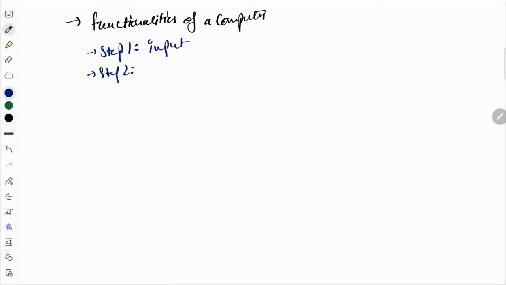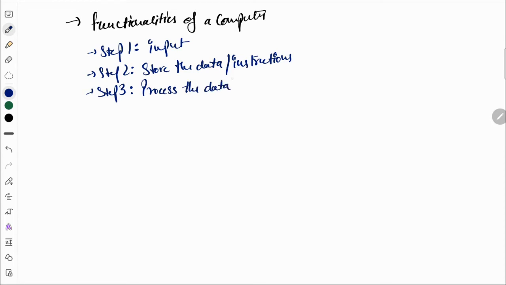Step 2, store the data or instructions. Step 3, process the data and convert it into useful information.